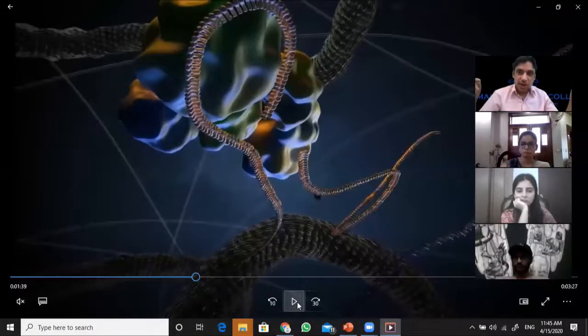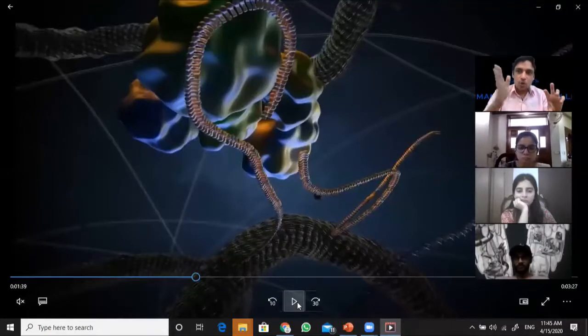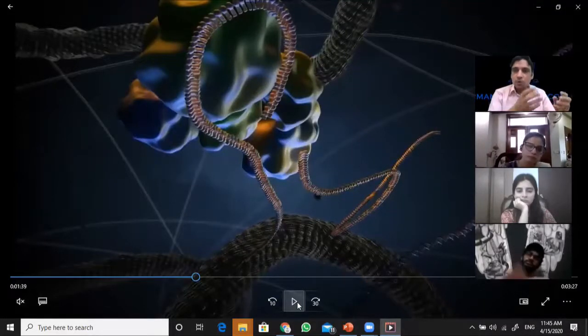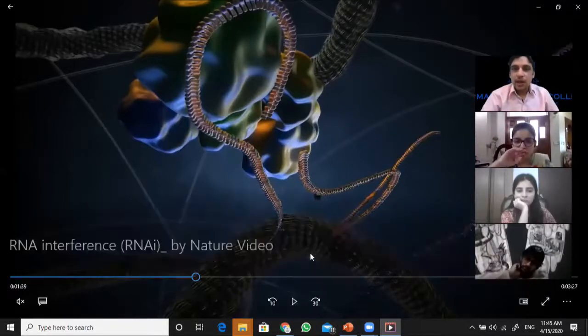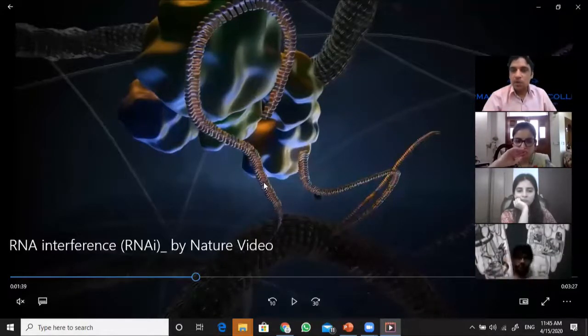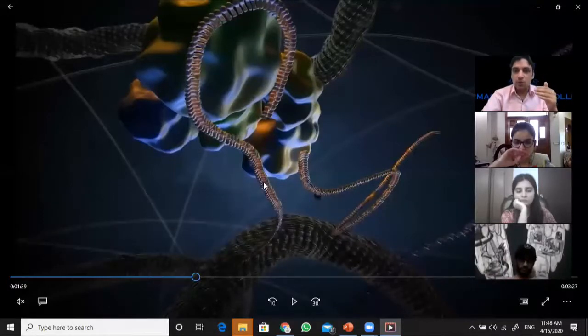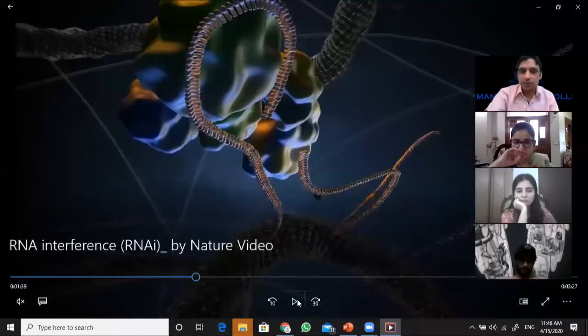The pre-messenger RNA is then spliced, and the exons are removed and put together to make the messenger RNA. And this machinery is converting the pre-messenger RNA into a functional messenger RNA.